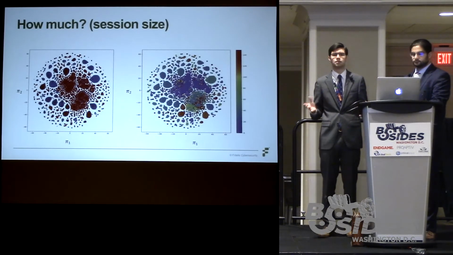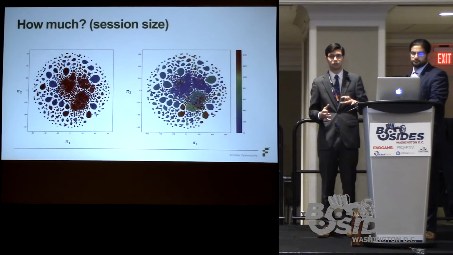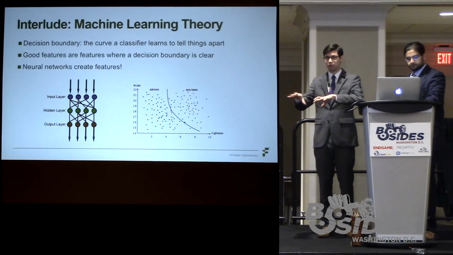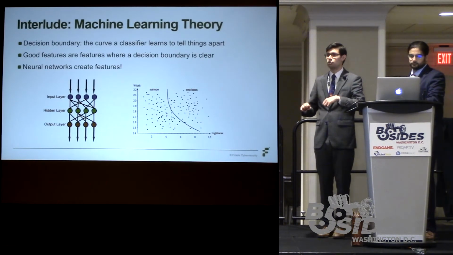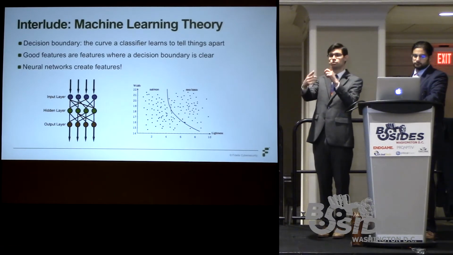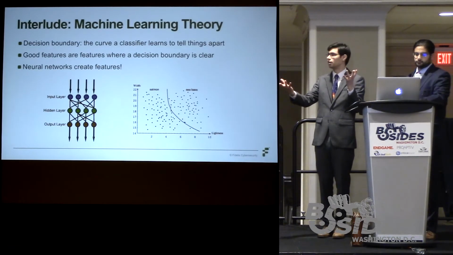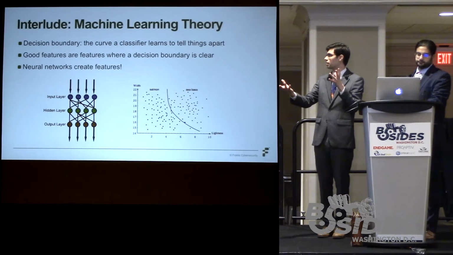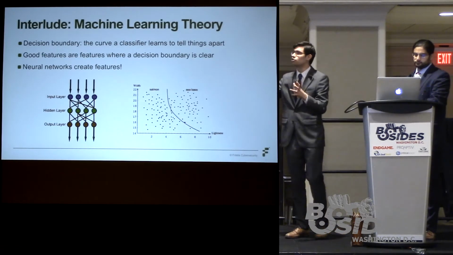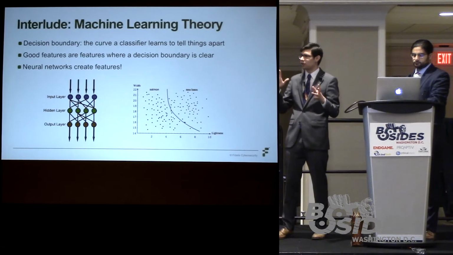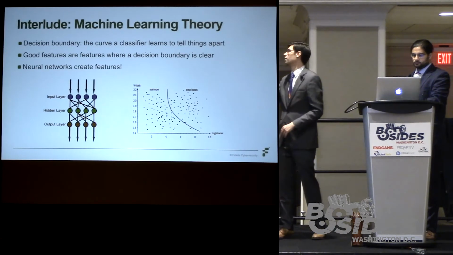First, there's this concept of a decision boundary. If you have two sets of points, for simplicity, that you're trying to differentiate between, and you have a feature space, so two or more numerical ways of measuring the differences, then what a machine learning algorithm is actually doing is some kind of regression problem.